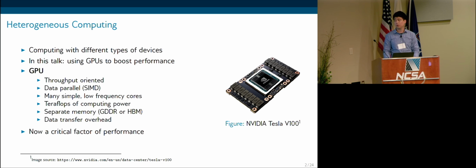GPUs also give you teraflops of computing power. Another important aspect is that they have a separate memory space, usually GDDR or HBM in hardware, so it's very important to think about the overheads of data transfers. GPU devices are now a critical factor of performance in HPC applications.